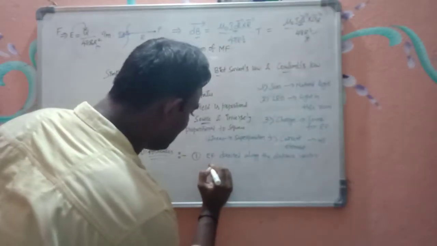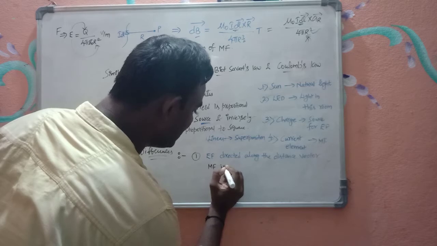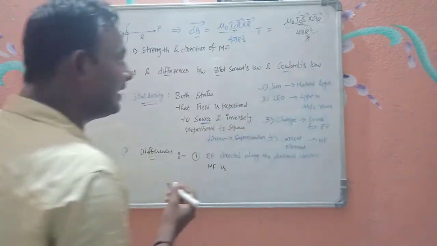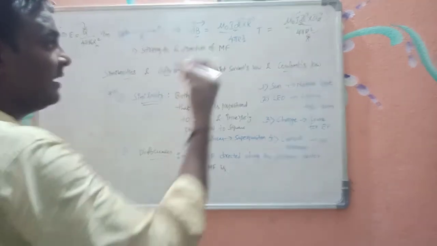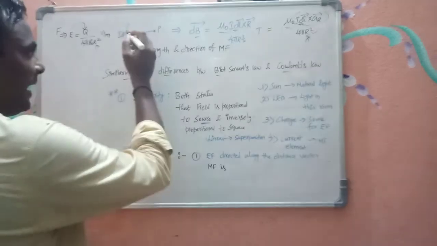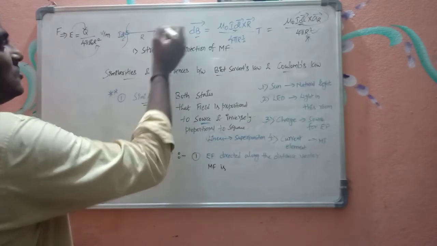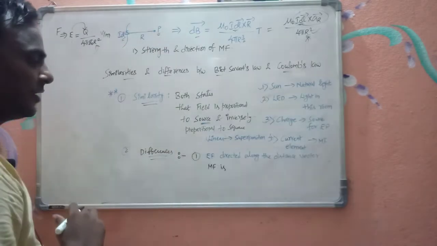the magnetic field, if you observe this cross product relation, is perpendicular to the plane containing the current element and the line joining the current element and the point of interest.